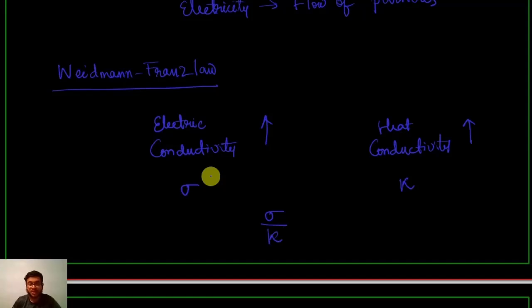Sigma by kappa was directly proportional to temperature, and if you took different metals at the same temperature, sigma by kappa was more or less constant. So it was shown that at a given temperature, heat and electrical conductivity go hand in hand. It was being made clear that they have the same mechanism of transferring.